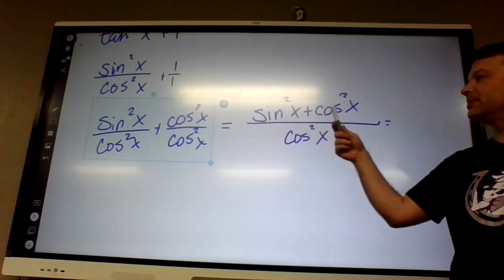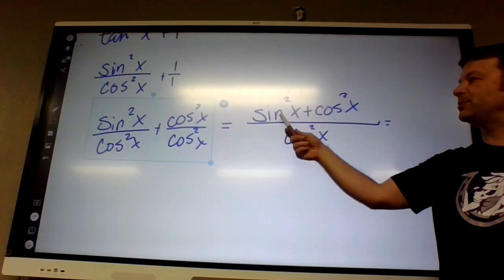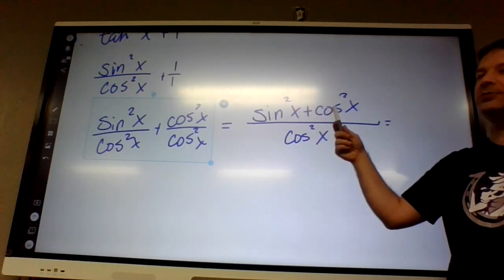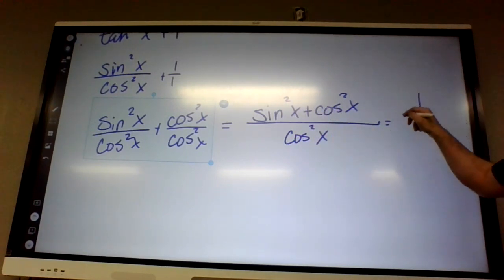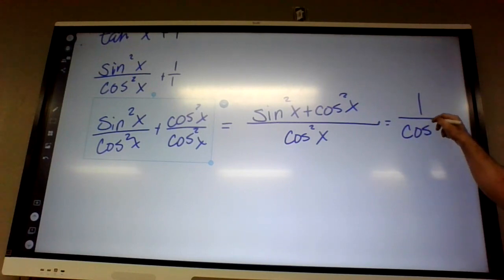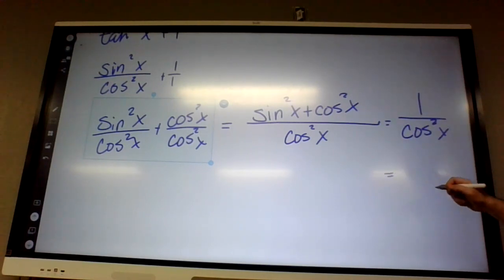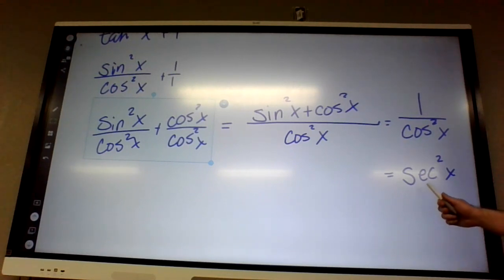Sine squared plus cosine squared is 1. What's 1 over cosine squared equal to? Secant squared, which is what we're trying to get to. The whole problem was just secant squared. They really had to write it like that?